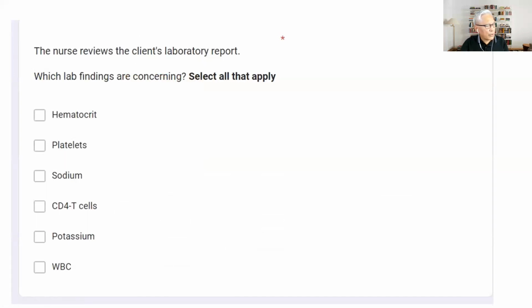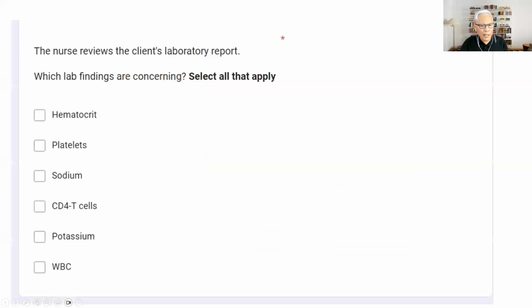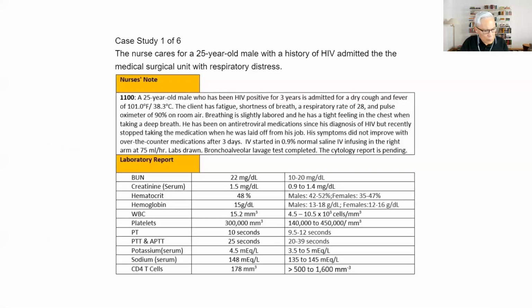Which laboratory findings are going to be concerning? Select all that apply. So once again, I show you this. And now we go to the question. The WBC, okay. Have you identified which one you're going to choose?